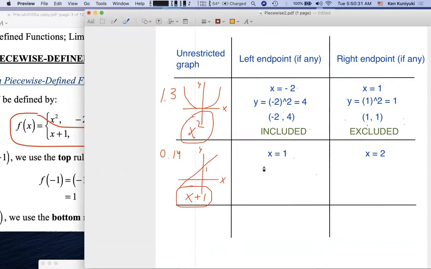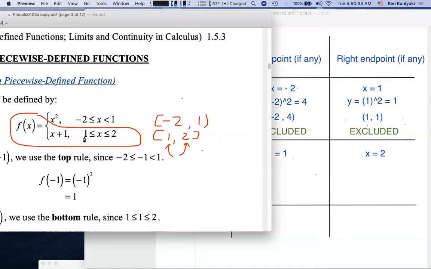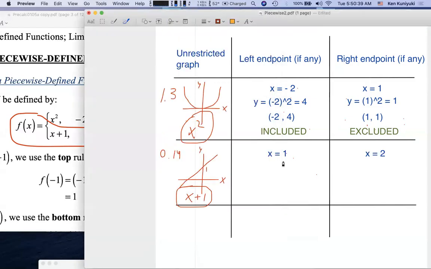Okay, let's see if we can get continuity here. Let's plug in these two endpoint values into this rule, x plus 1. So y equals 1 plus 1. That's going to be not 1, but 2, which means that the corresponding point is going to be at 1 comma 2.